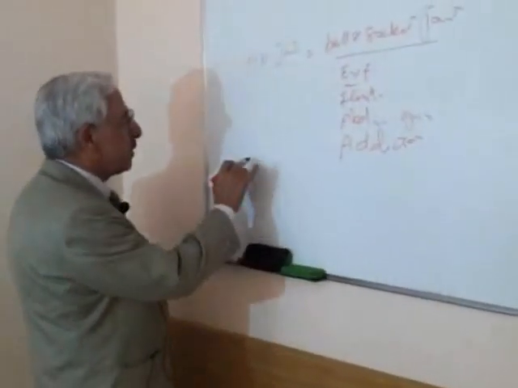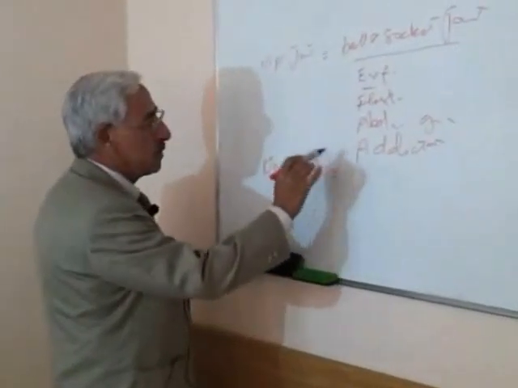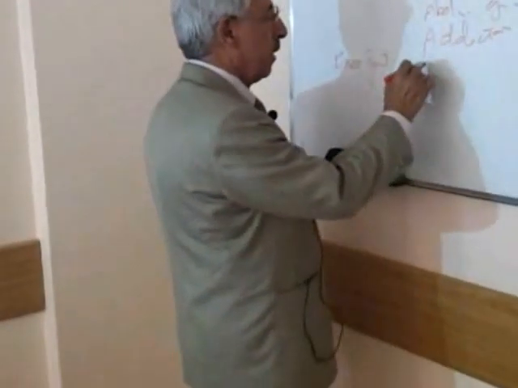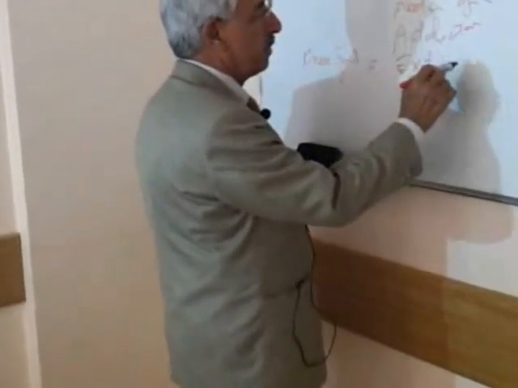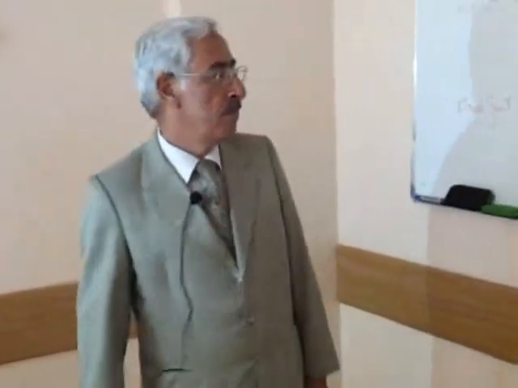The other joint is the knee joint, which is a hinge joint, only two movements, flexion and extension. The extension is by what? By quadriceps muscles, which are the vastus medialis, vastus lateralis, vastus intermedius, and rectus femoris.